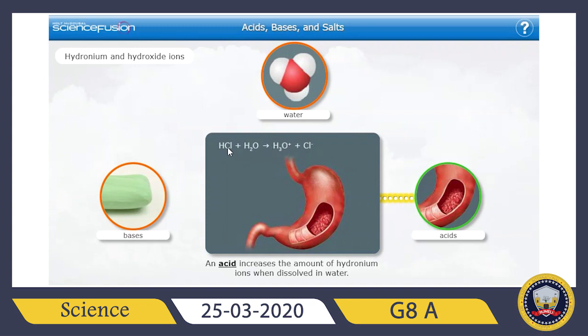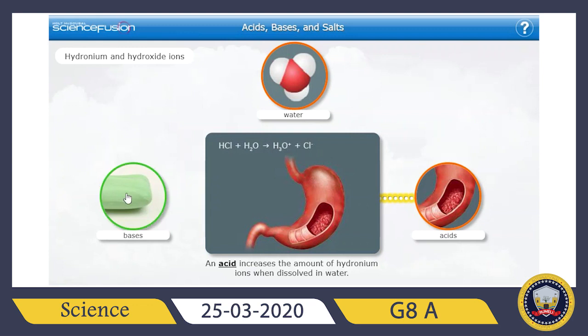On the other hand, it will also leave this single chloride ion here. So it will produce two different ions, one positive, one negative. Basically, in an acidic solution, you will see these hydronium ions.